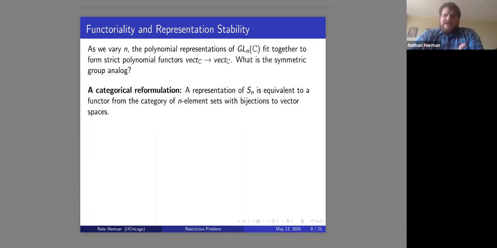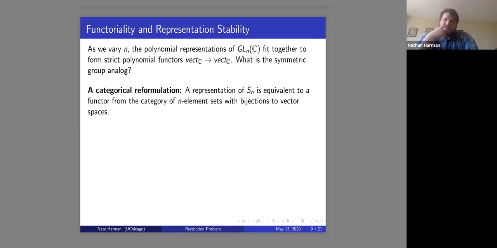A representation of a symmetric group is the same information as a functor from the category of n-element sets with bijections between them to vector spaces. If you have such a functor, you pick your favorite n-element set, that gets sent to a vector space, and since the endomorphisms of the n-element set are Sn, the vector space carries an action of Sn.